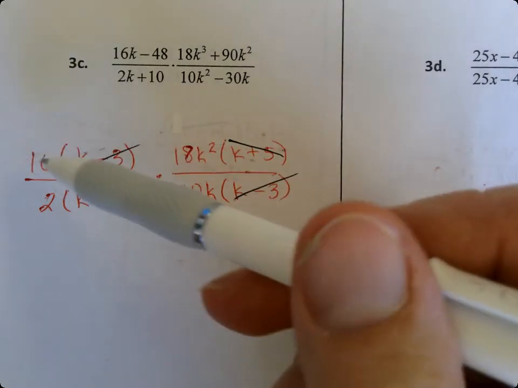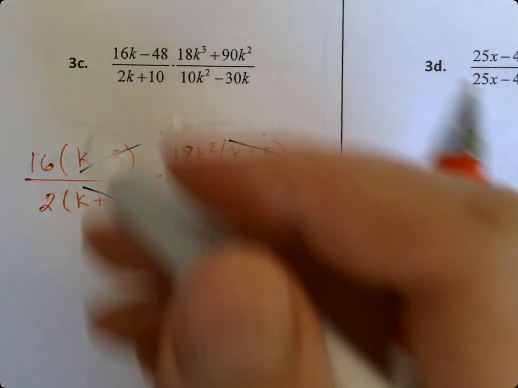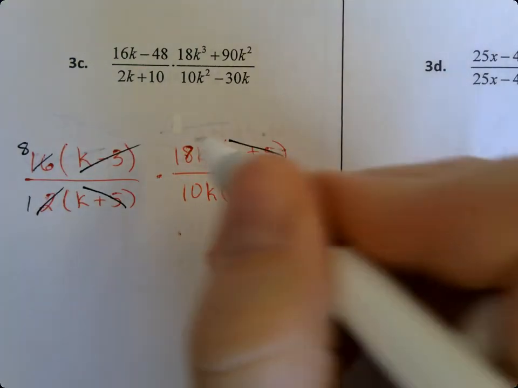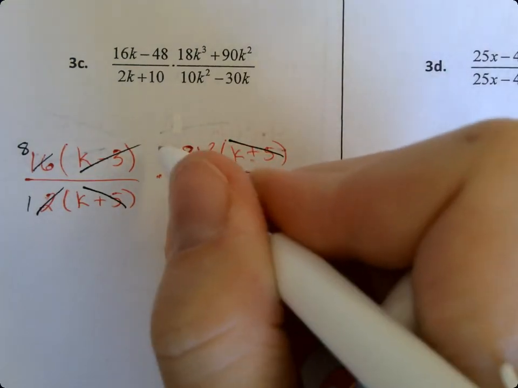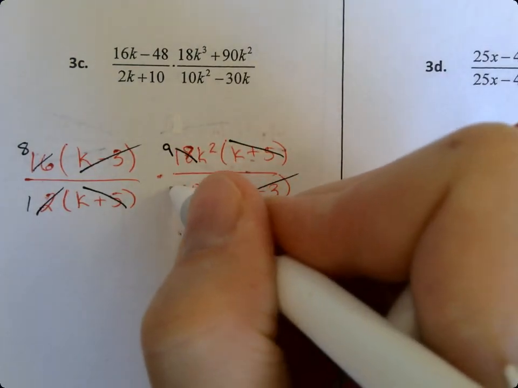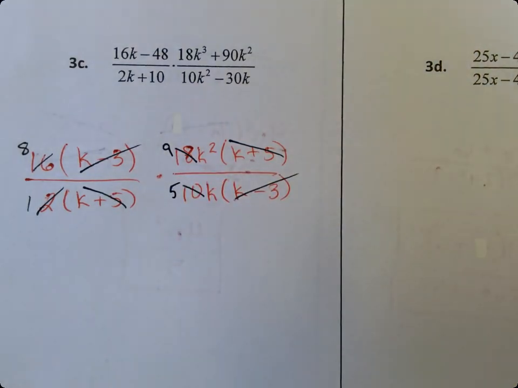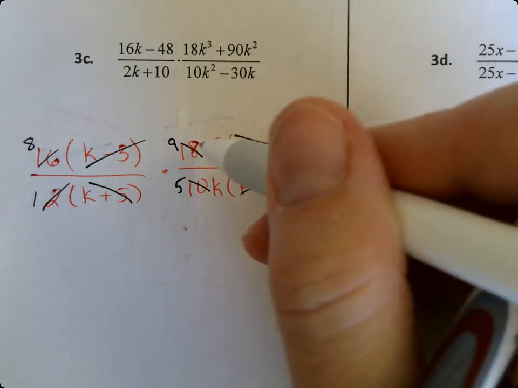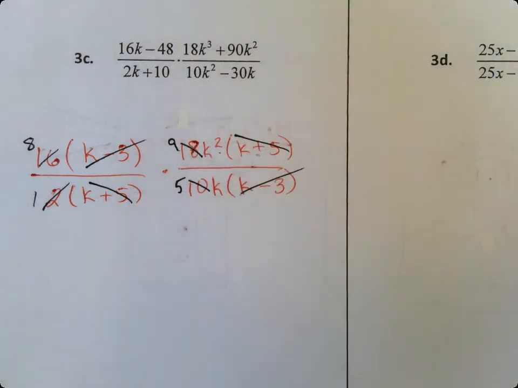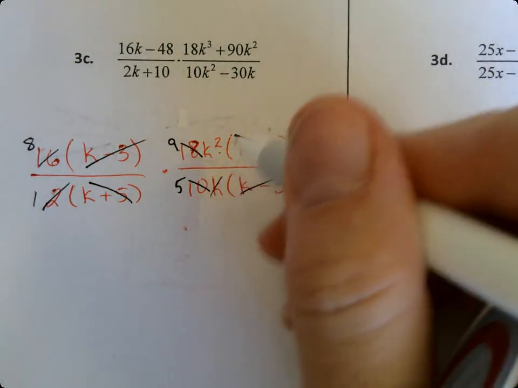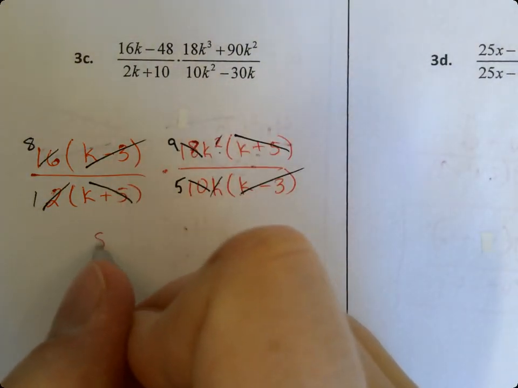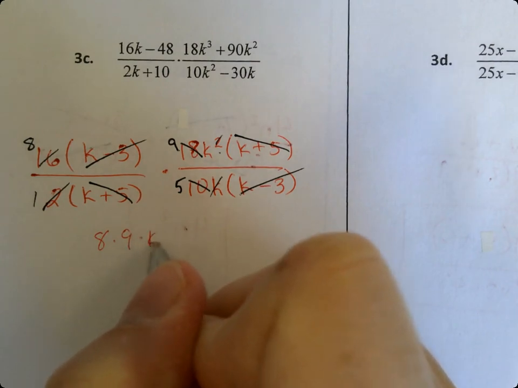Okay, now you can do any top to any bottom, but I would probably do what you're saying. 2 goes into 2 once, it goes into here 8. 18 and 10 both divide by 2, so a 9 and a 5. There's still one more thing that can cancel. Do you see your k's here? Yeah, so it'll be 1k. So I can only do this because it's multiplication. So 1k cancels and 1k cancels. All right, what's left in the top? 8 times 9 times k.